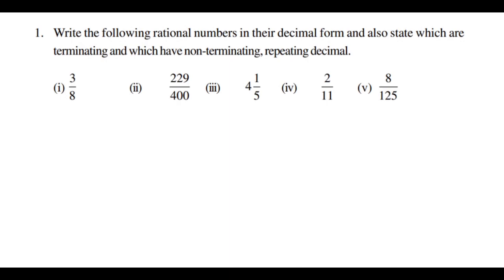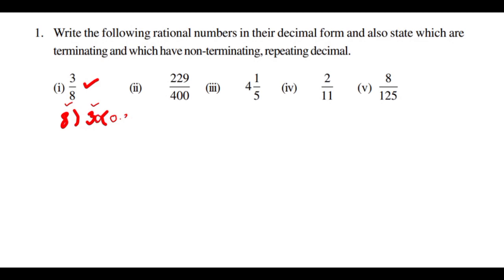Suppose the first question here, 3 by 8. How to write this 3 by 8? With 8 we should divide this 3. You can see now this is 0 point, because 3 is smaller than 8, so we put a 0 here.